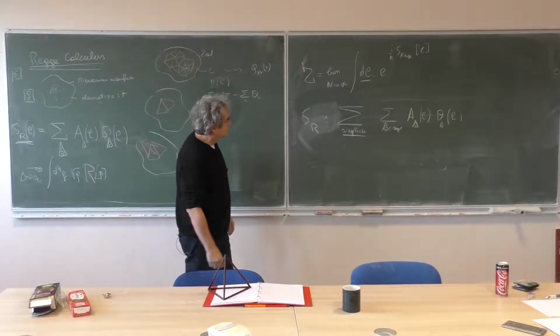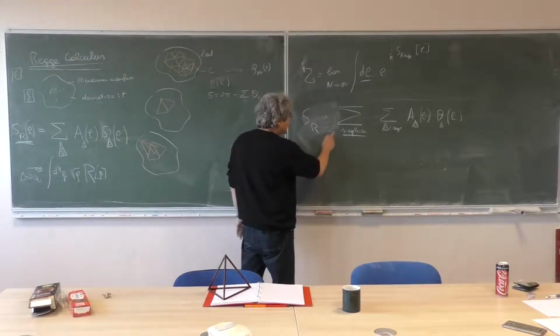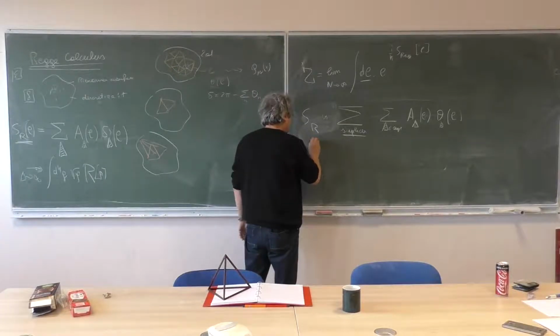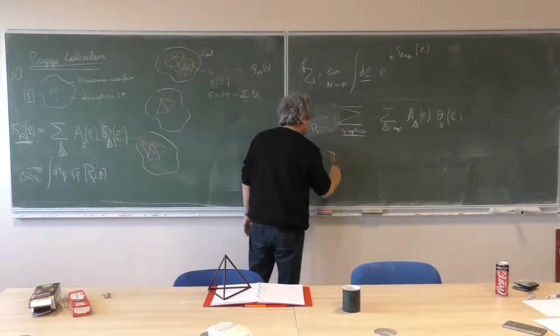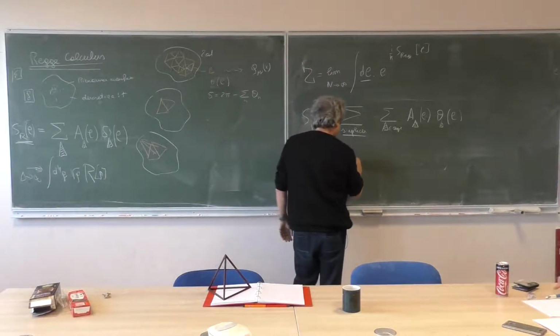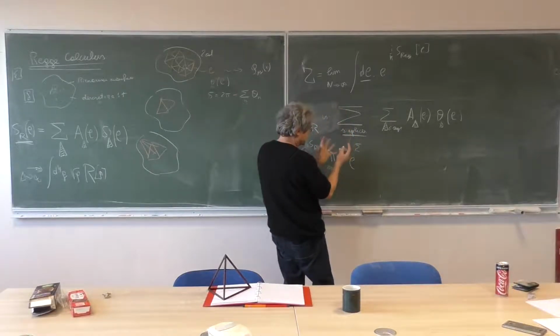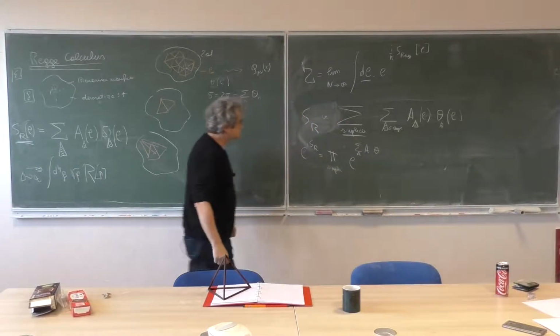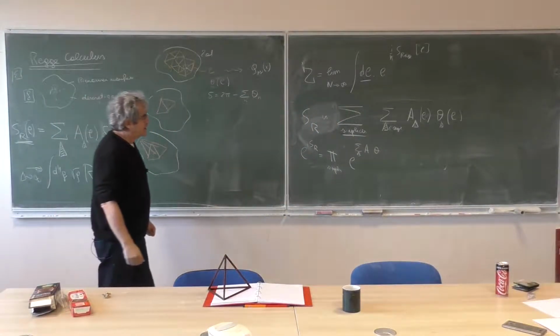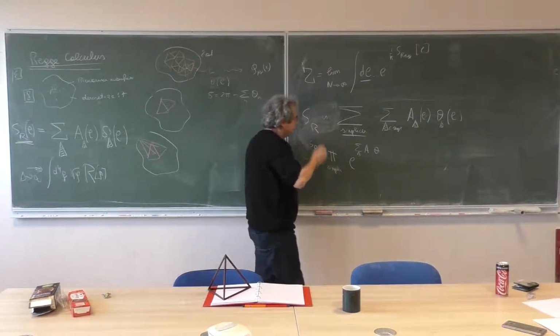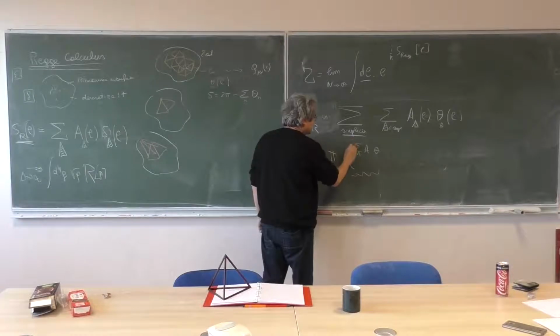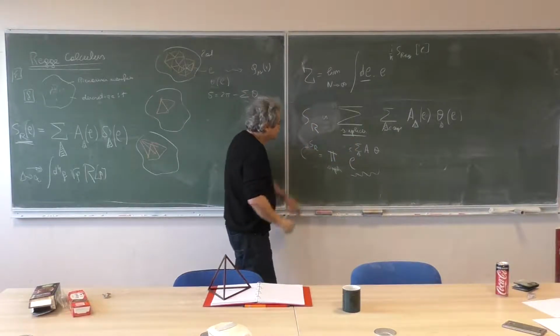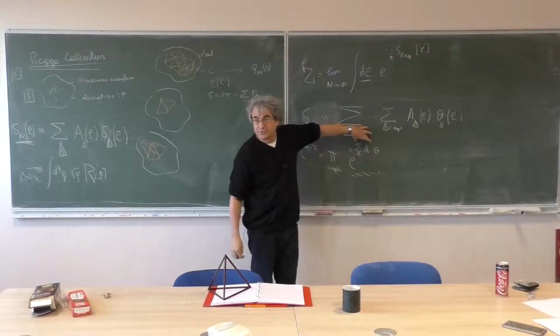This is interesting because you see, e to the iS_R is therefore the product on the simplices of the sum over the triangles of the simplex area times angle. And remember that this is the action I over h bar. So this thing is the action for a single simplex, right?